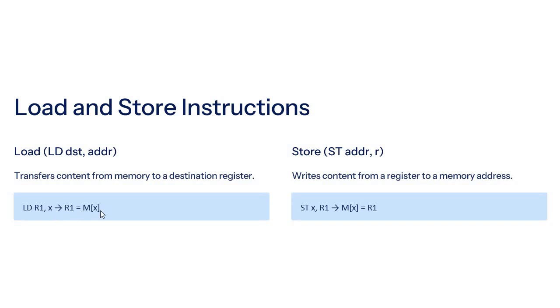So effectively R1 = M[x]. A store instruction like st x, R1 means store the value in register R1 back into the memory location x, or M[x] = R1. So these instructions define the data flow between the memory and the processor.